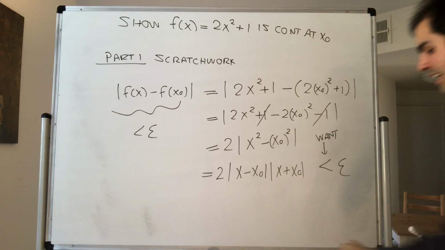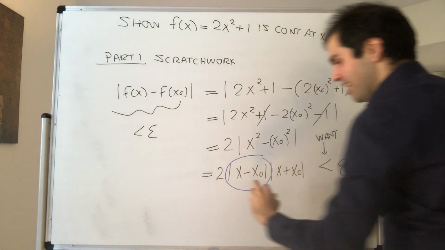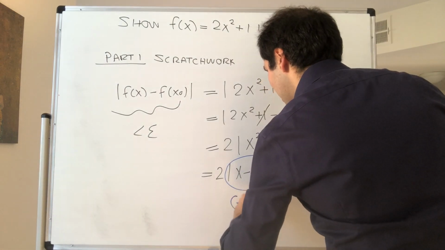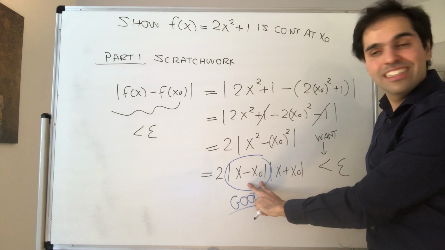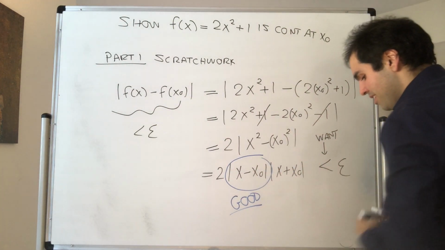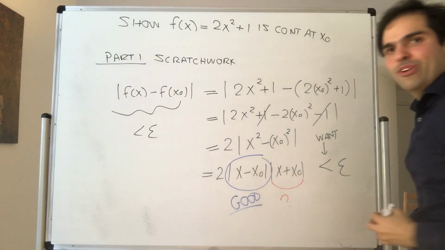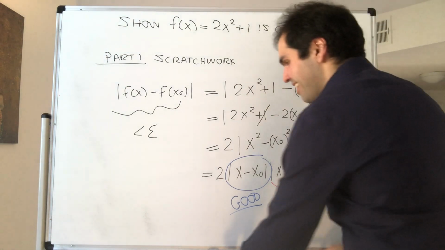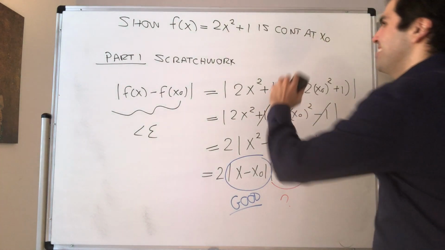Now notice, this x minus x naught is good, because this is the term we have control over, because we can just let this be less than delta. This is the thing we want to control, so we already have power over this. Kind of like, think of a king who wants to just get more countries in some sense.